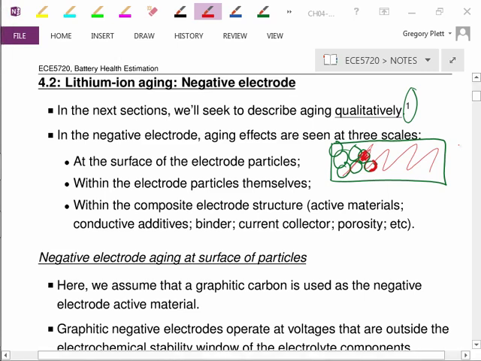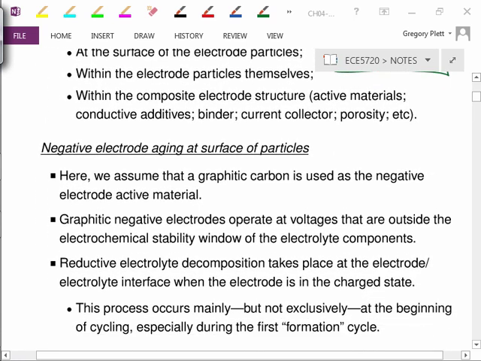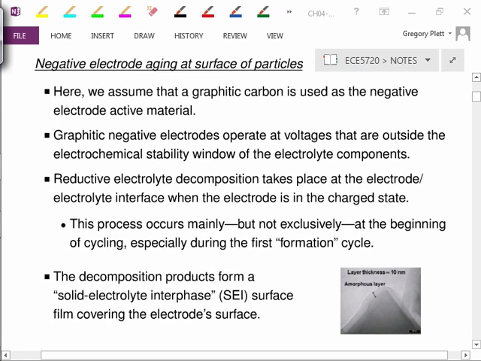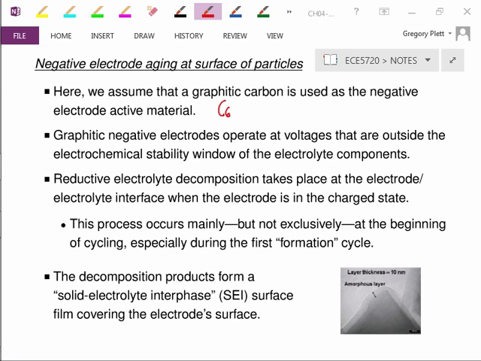So first, the surface. We are going to assume in this section that the active material in the negative electrode is some kind of graphite-like carbon, possibly coke or hard carbon, but some kind of carbon that generically has the C6 chemical formulation. There are different kinds of negative electrode materials. Carbon is used in practically every commercial cell at this point in time, but there are some competing electrode chemistries.